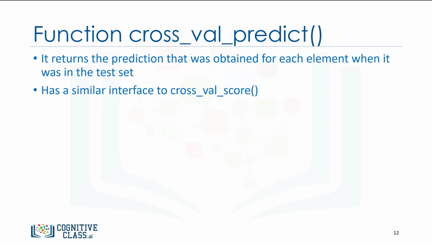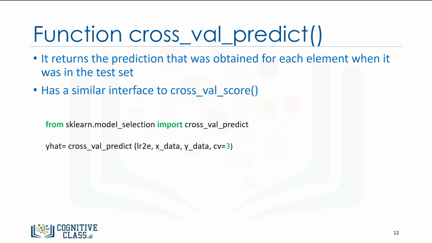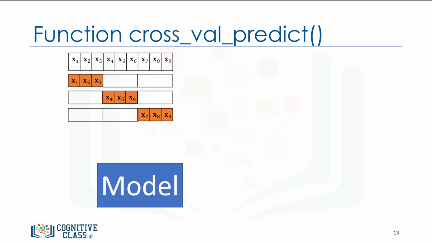What if we want a little more information? What if we want to know the actual predicted values supplied by our model before the r² values are calculated? To do this, we use the cross_val_predict function. The input parameters are exactly the same as the cross_val_score function, but the output is a prediction. Let's illustrate the process. First, we split the data into 3 folds.